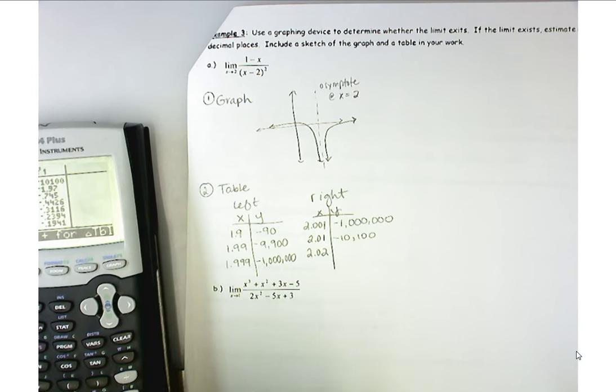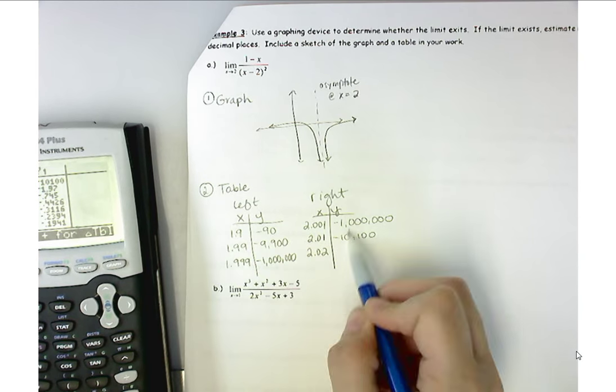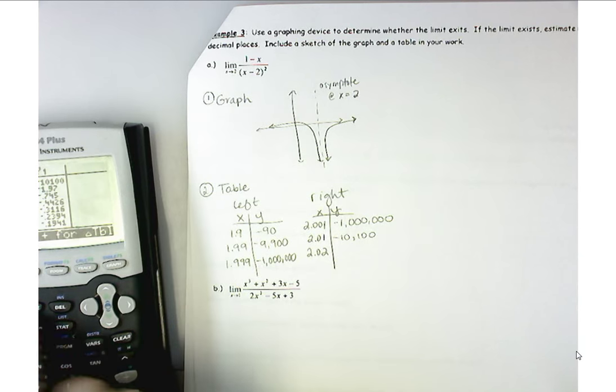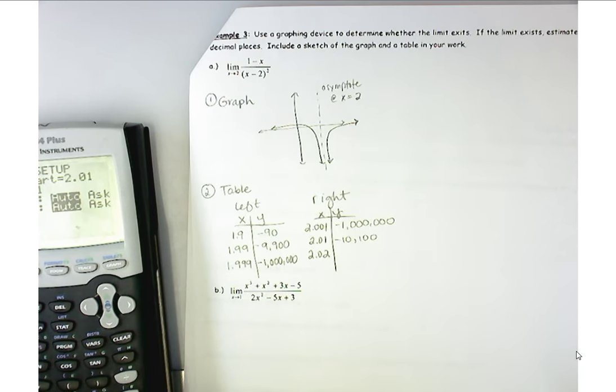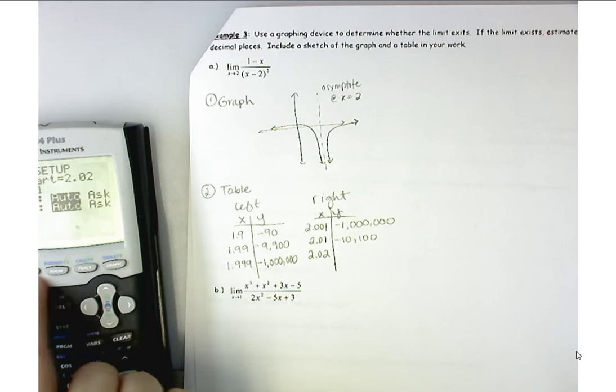All of the values on the table were really, really close together. Are these values close together? No, they're how much apart? Well, not millions, but 990,000, right? We know it's not close if one of them is a million.